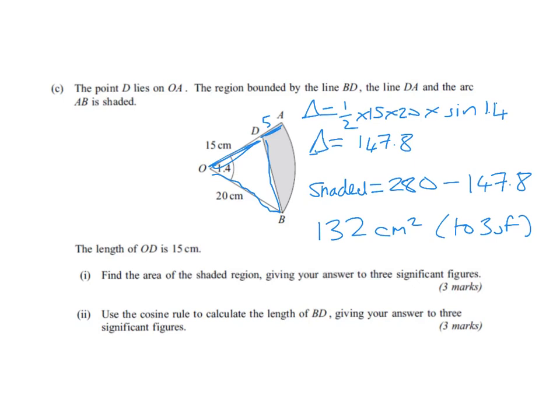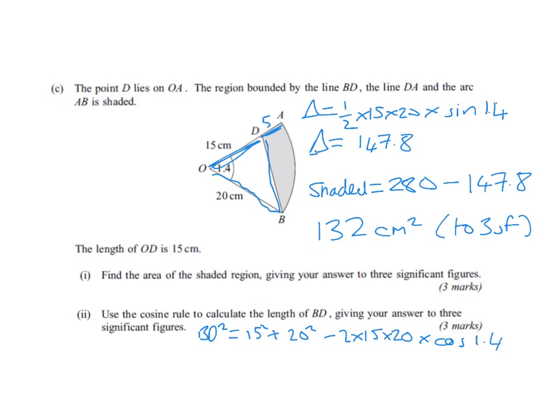The last job is to use the cosine rule to calculate the length BD. So BD squared equals 15 squared plus 20 squared, a squared plus b squared, remember, minus 2 lots of 15 times 20 times cos 1.4.